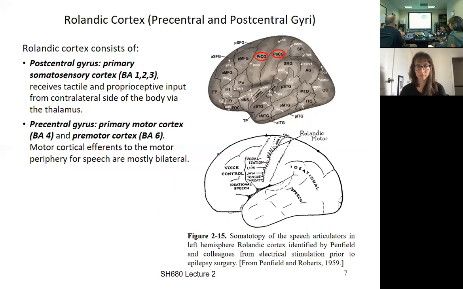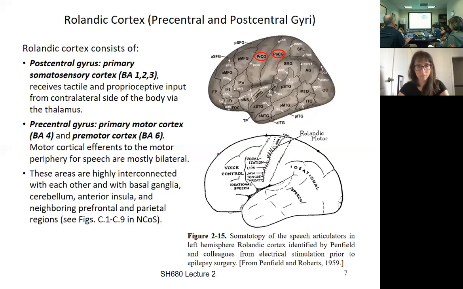That's different from the periphery we talked about last week, or 2 weeks ago. If you get damage to the brainstem nuclei that control movements of muscles, you damage them on one side, you're paralyzed on that side. So cortex, it's not that way. So the cortex is much more malleable than the periphery in this case, even in primary motor cortex, that's true.